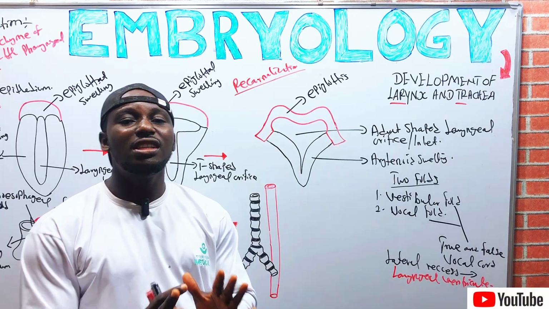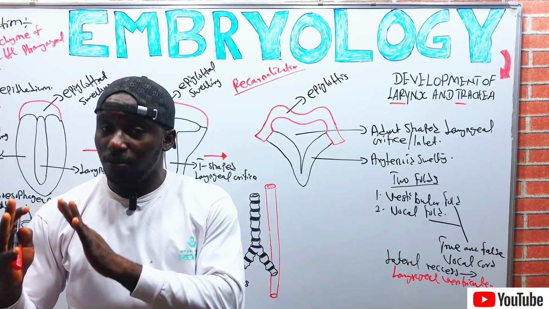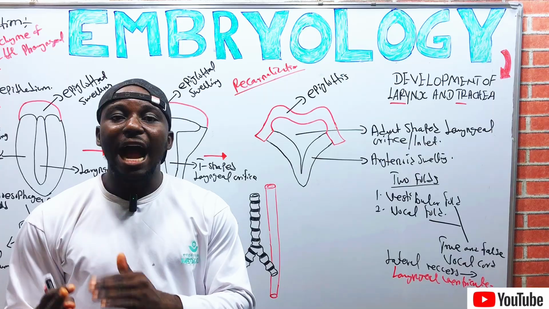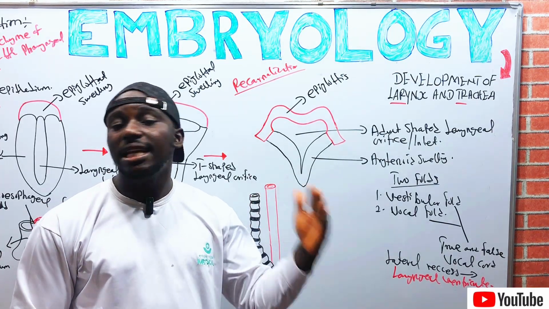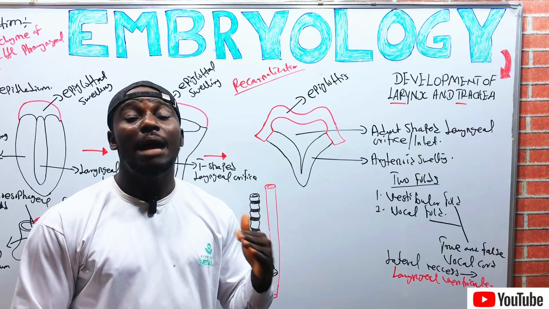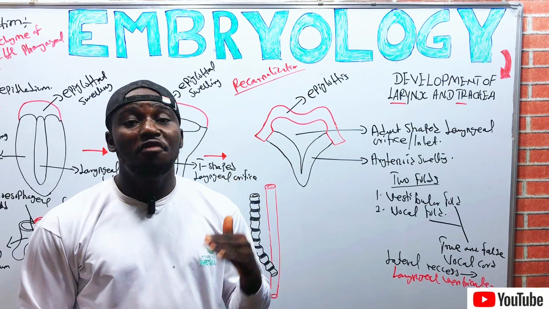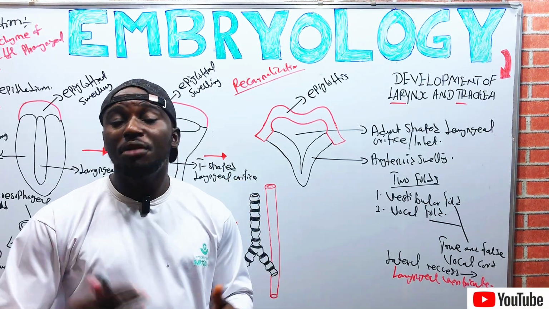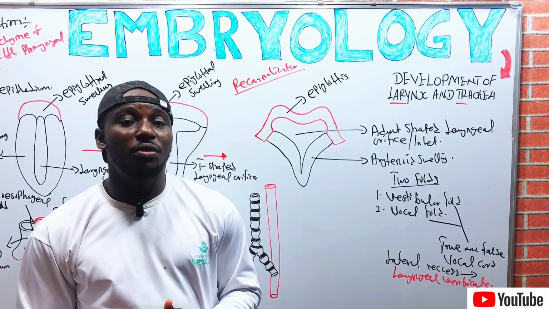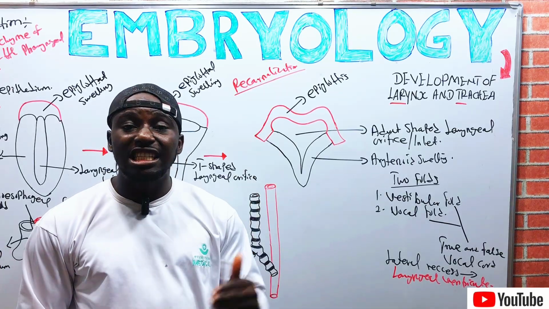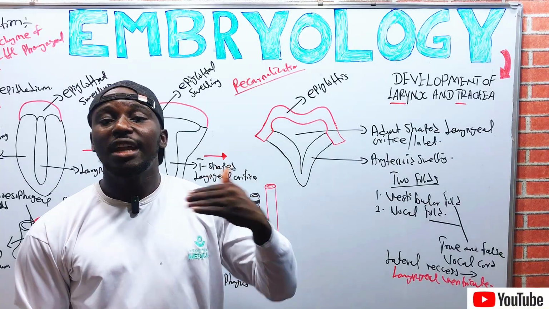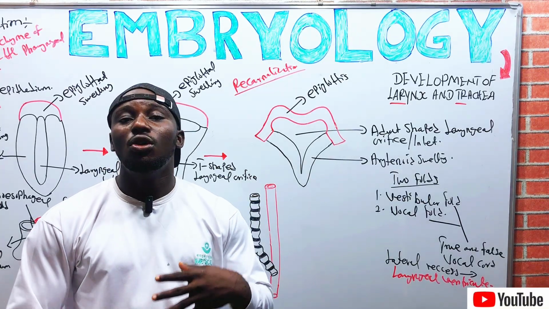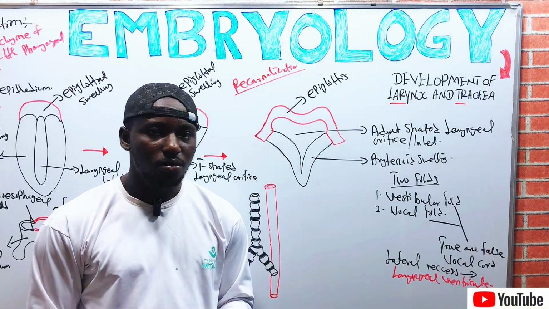So the epiglottis evolved from a different region, whereas the other cartilages of the larynx develop from the mesenchyme of the fourth and sixth pharyngeal arch.